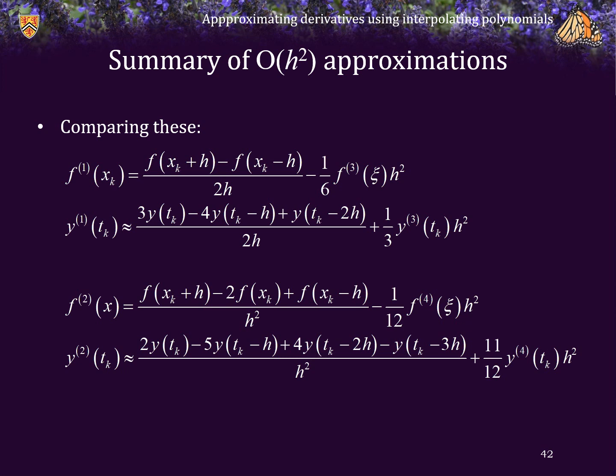However, the backwards divided difference formula is approximately 11/12 times the fourth derivative, again times h squared. Notice that now the error is increased by a factor of 11.